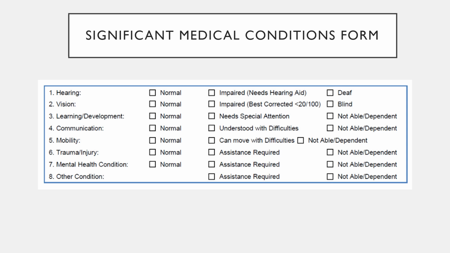However, I have had in the past a couple of times cases where the significant medical conditions form is filled out and it's clear that it didn't need to be filled out, and maybe it was a mistake made by the panel physician doing the exam. So for example, I've received the significant medical conditions form and everything ticked on this specific part will say normal.